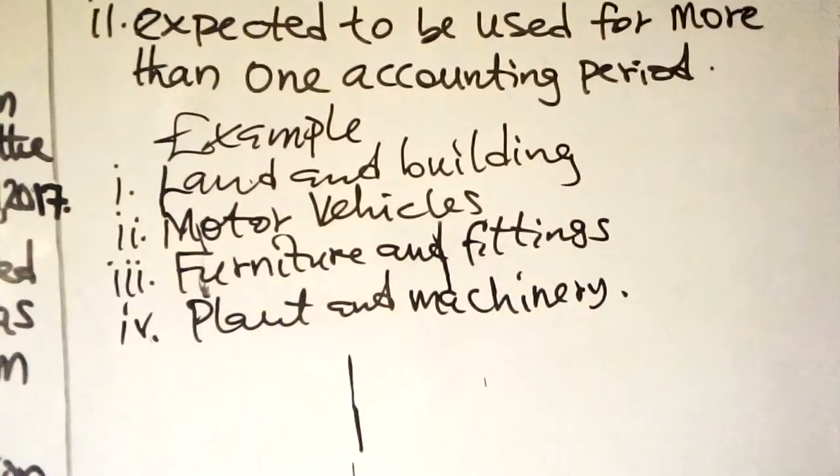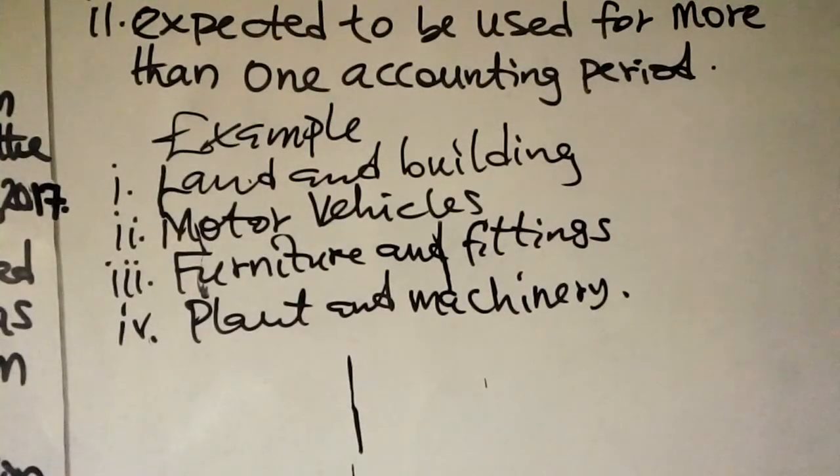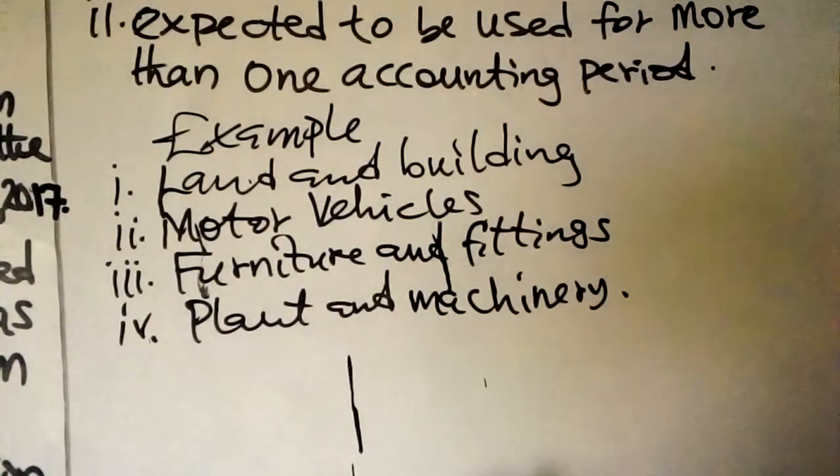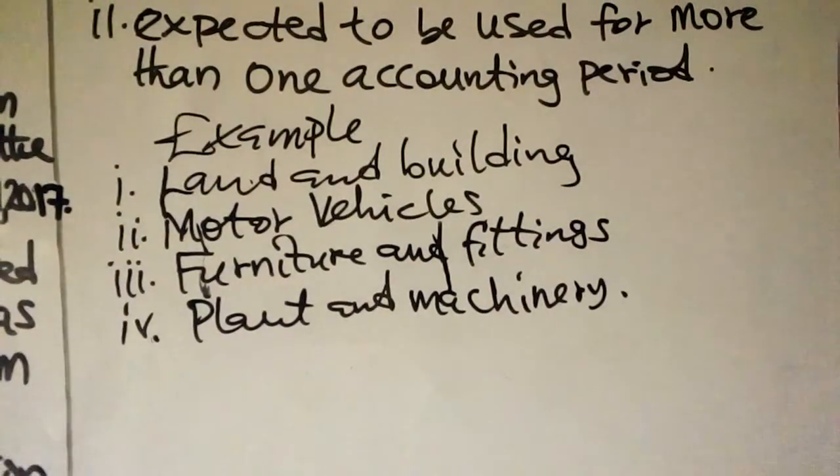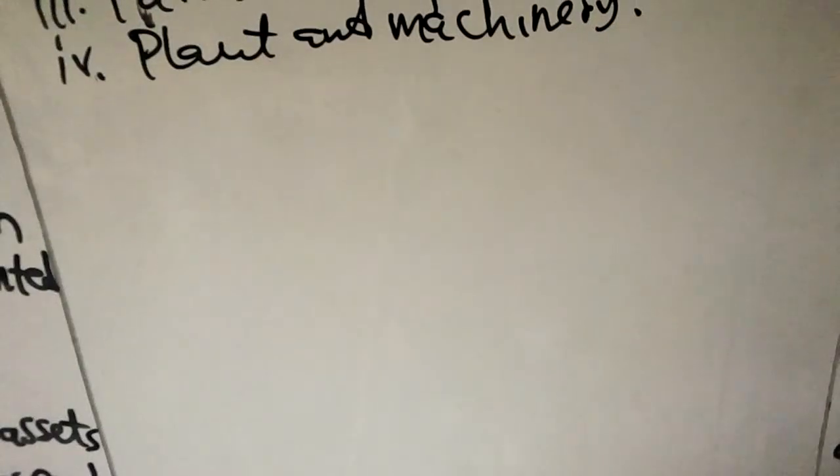All these are tangible assets. I've told you that they are tangible assets expected to be used for more than one accounting period. Now, I want to define those terms which we are going to come across in IPSAS 17.